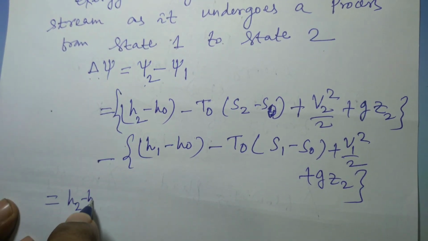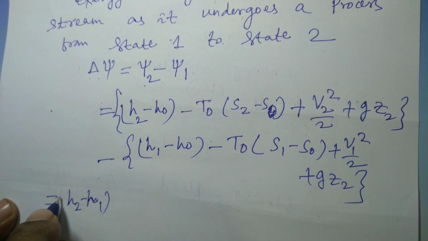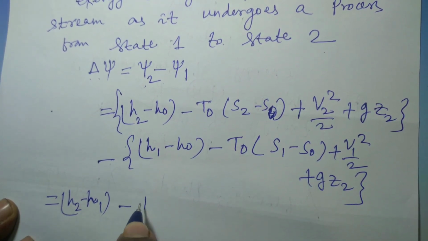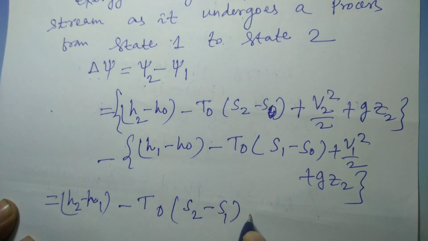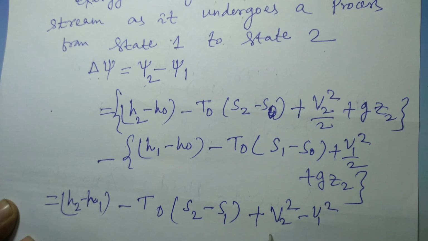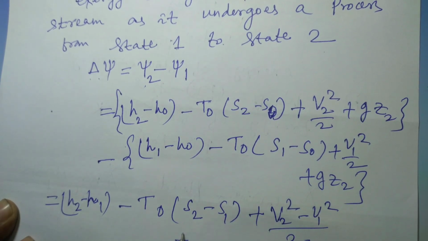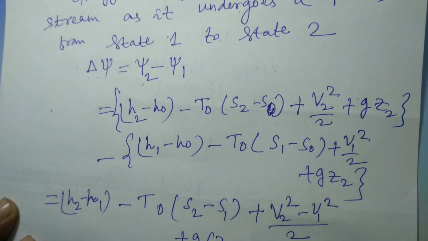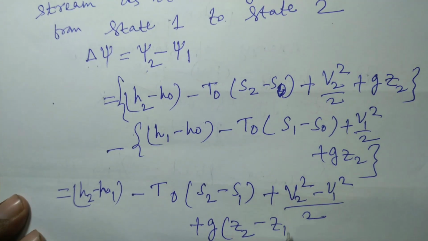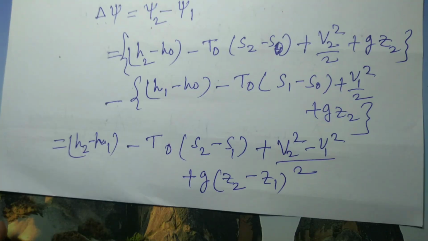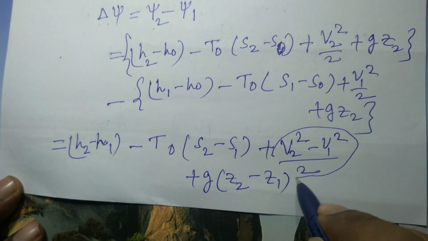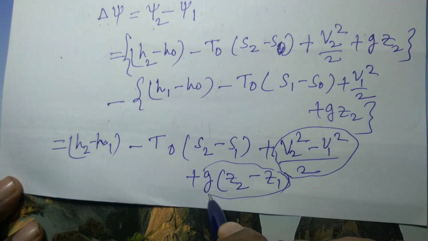And if you calculate, this will come out as h2 minus h1 minus T0 into s2 minus s1 plus V2 square minus V1 square by 2 plus g multiplied by z2 minus z1. If we neglect kinetic energy and potential energy, these two terms will drop out from this expression.